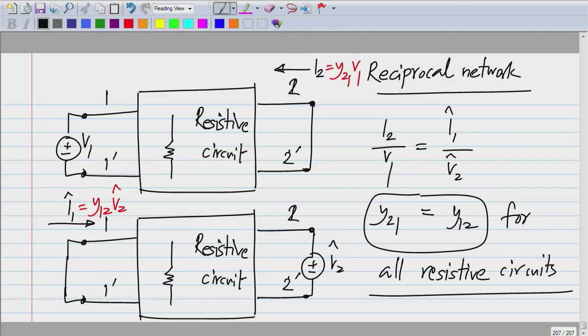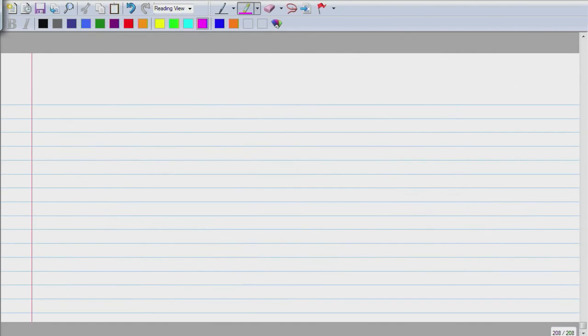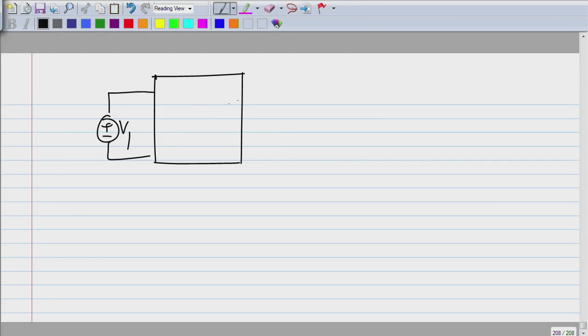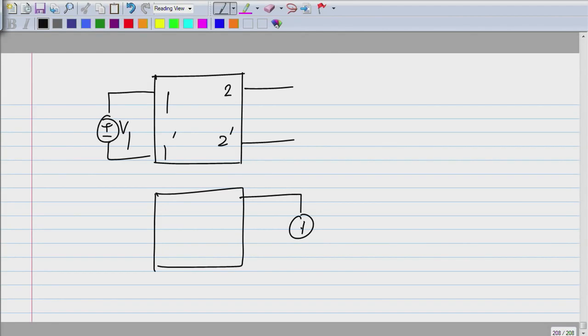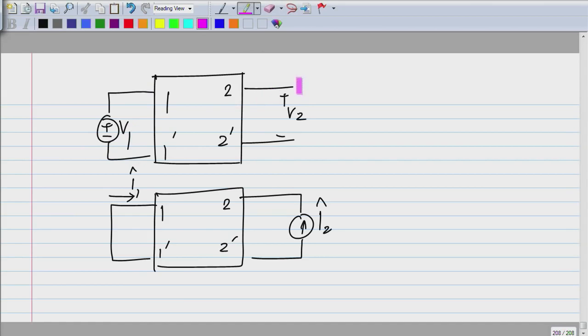So, if you consider the case where we evaluated reciprocity with the right side open circuited, this corresponds to applying a voltage on the left side, measuring the voltage on the right side, or applying a current on the right side and measuring a current on the left side.